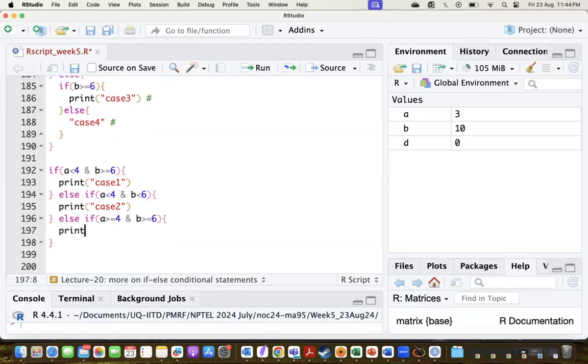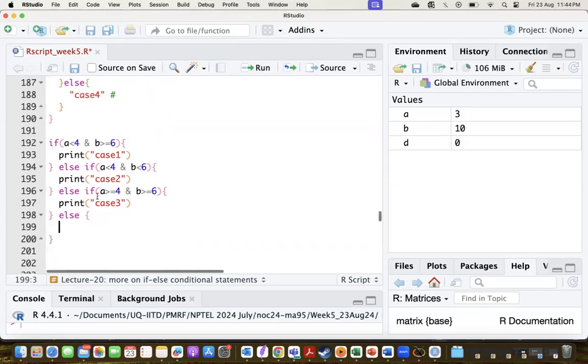So here I'll write print case 3. And finally I'll write else. There's basically just one case, so I don't need to write if again. I can write if, but I don't need to. So I'll just write print case 4.